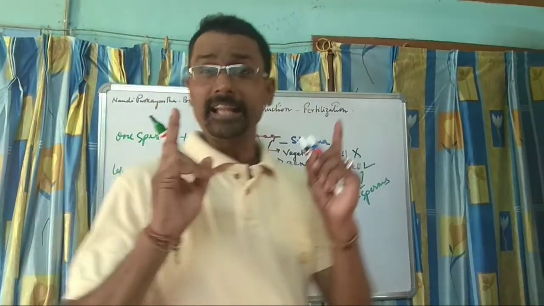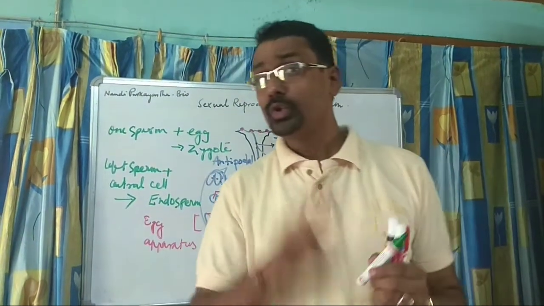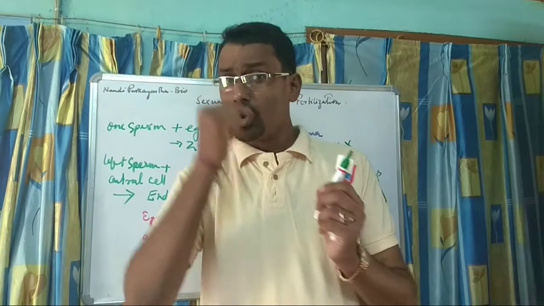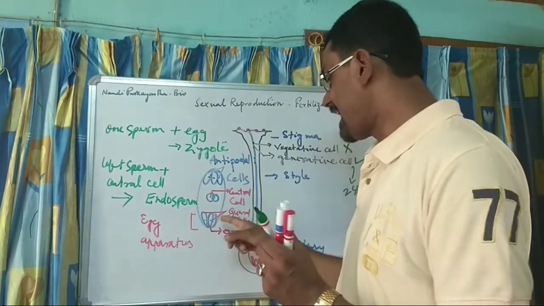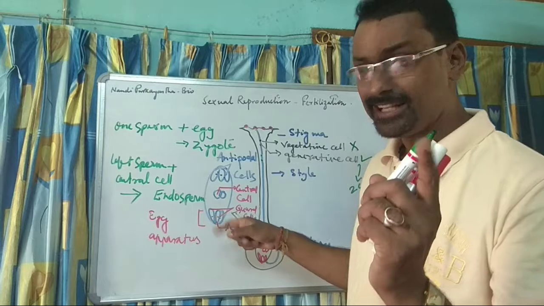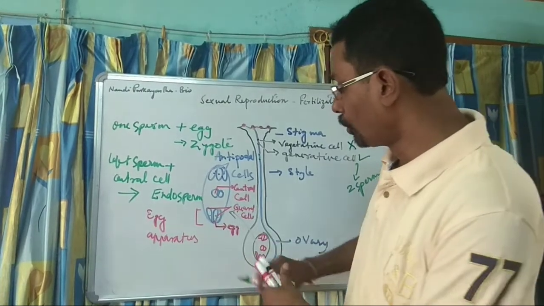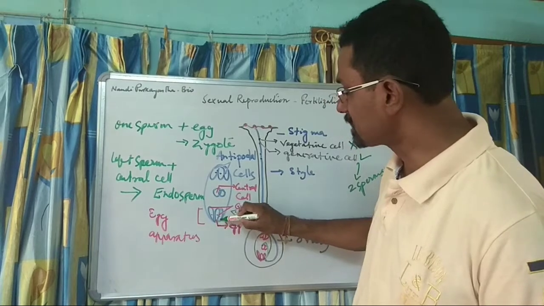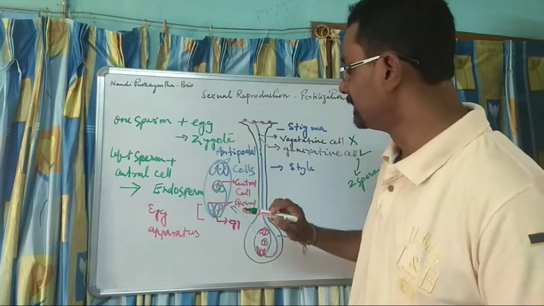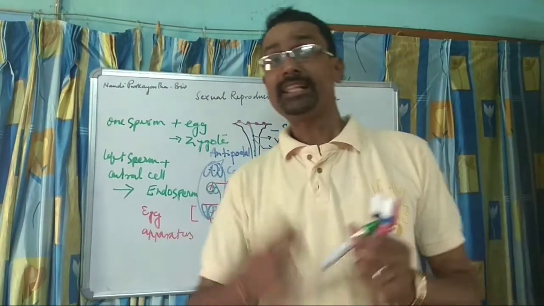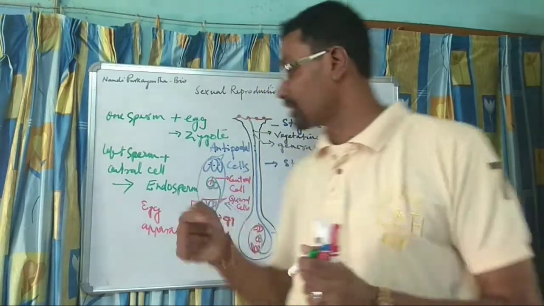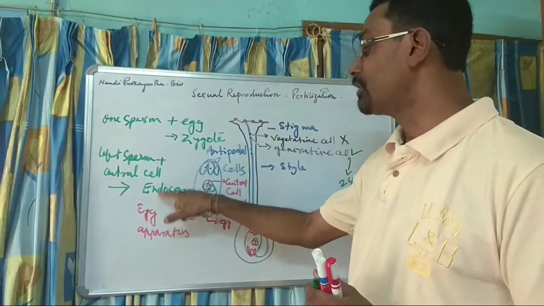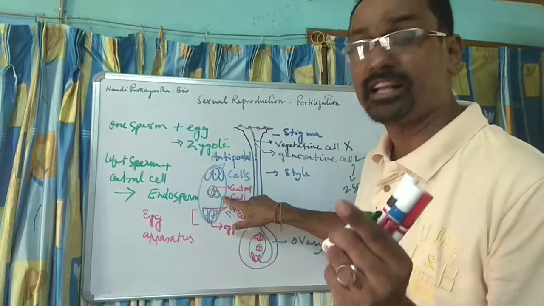So, how many times has fertilization taken place here? Twice. Two sperms. One sperm fertilizes the egg. That is one fertilization. Another sperm grows like this, comes here, and fertilizes here. So there are two fertilizations. That is called double fertilization. You find the occurrence of endosperm when there is the second fertilization.